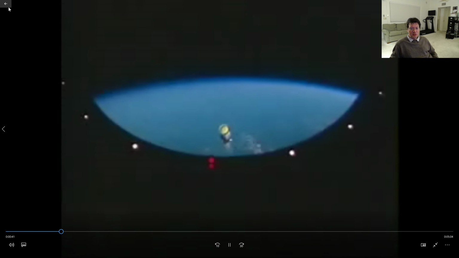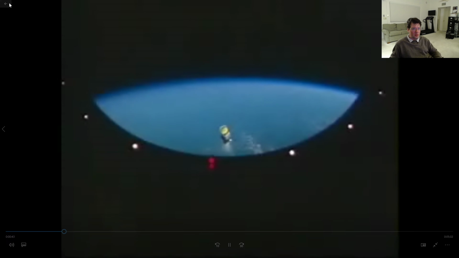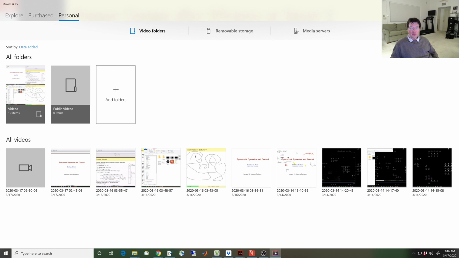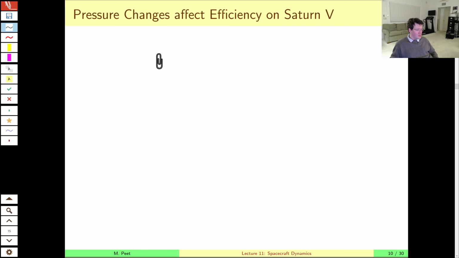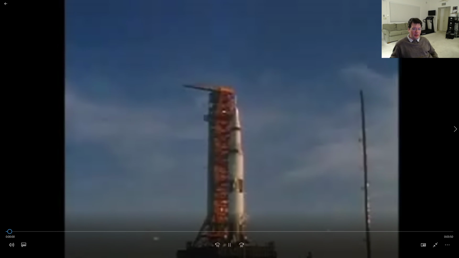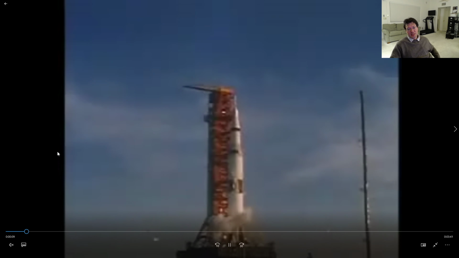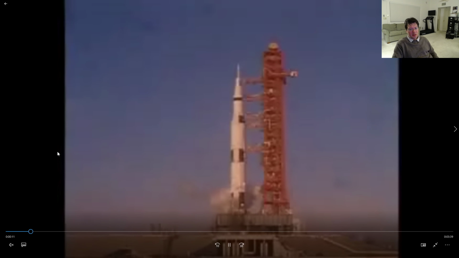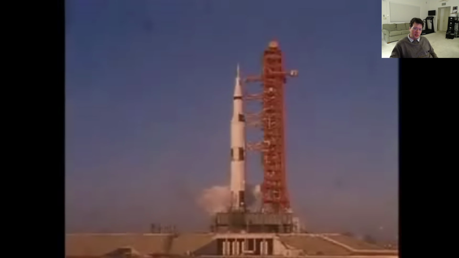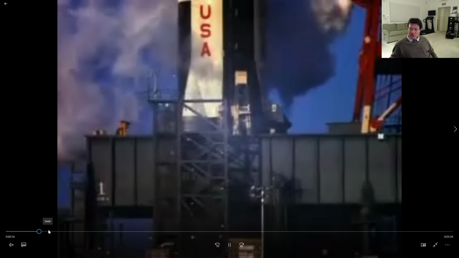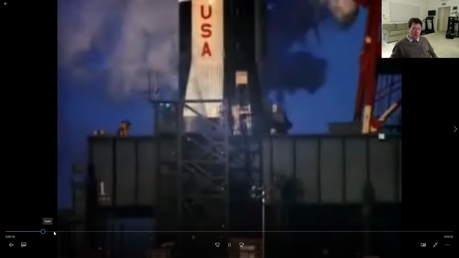Sorry, this is not the right video. Okay, let me just mute that for a second. So this is the Saturn V first stage launch, part of the launch. It's 3 minutes, so we'll accelerate it a bit.